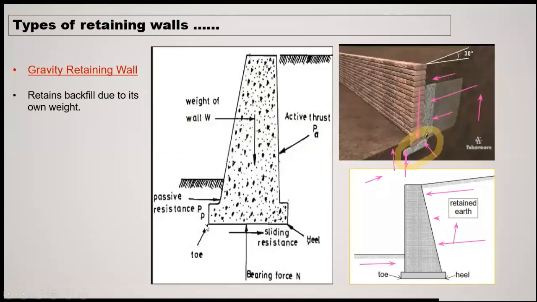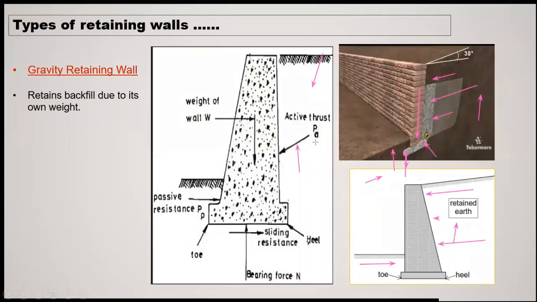Now, this is a very important picture. This is a concrete retaining wall, and you may observe that we have taken a slanted side on this side. It is your choice. Now, if you see, we can discuss one by one. This is the active thrust. This is the total backfill, so it is applying active thrust.